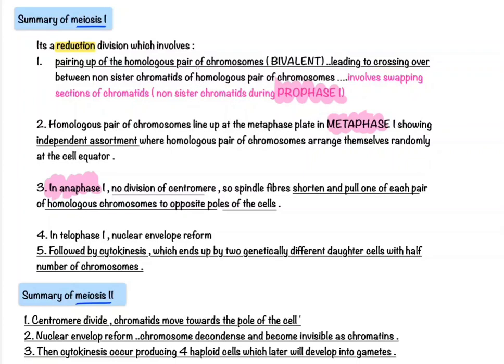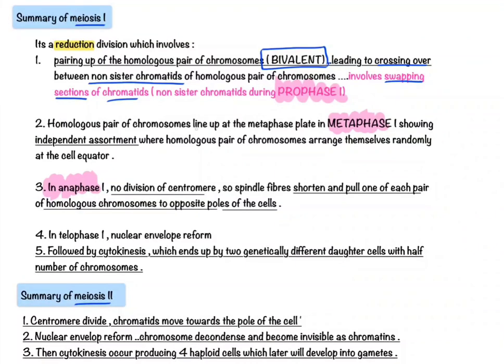Pairing up the homologous pair of chromosomes, which are now bivalent, leads to crossing over between non-sister chromatids of the homologous pair of chromosomes, which involves swapping sections of chromatids at the chiasmata, the non-sister chromatids, during prophase I, okay, of which we said that it involves enzymes cutting and recombining parts at the chiasmata, okay, to cause variation and new recombination of alleles.